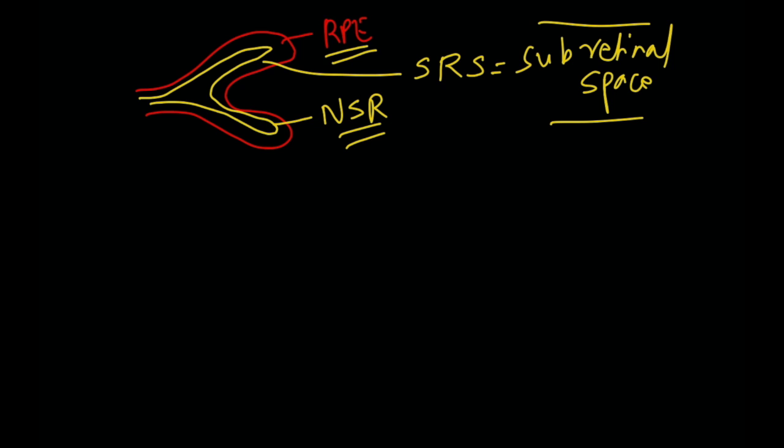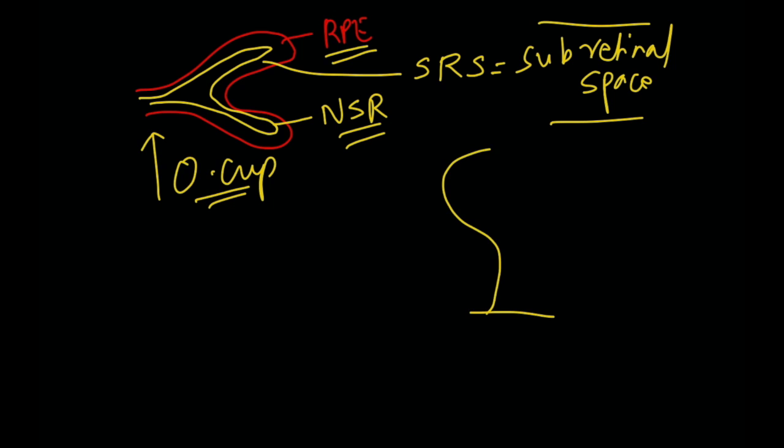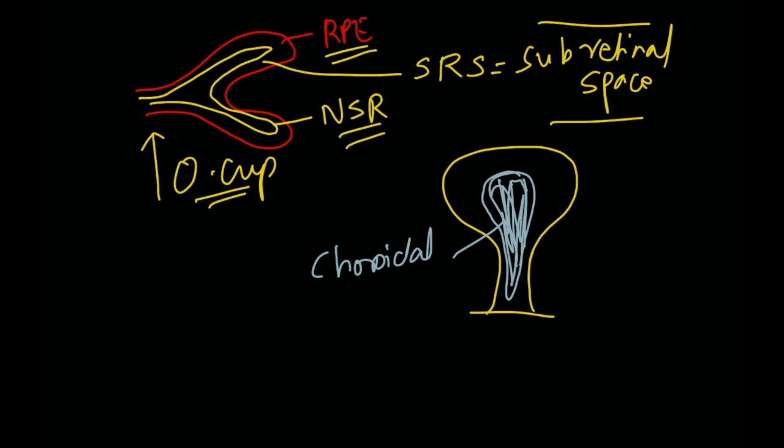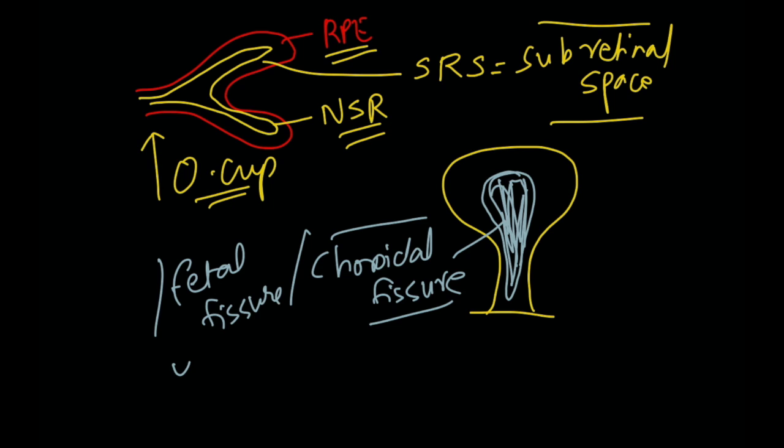Now, this is going to be my optic cup with the two walls. I'm going to look the optic cup from below. So how the optic cup looks, it looks like this. So from below, I can see there is a fissure, there is a hole, and this fissure is called as the choroidal fissure, right? This choroidal fissure is also called as the fetal fissure, also called as optic fissure, is of highly significant value because this closes by 6th week of gestational age.